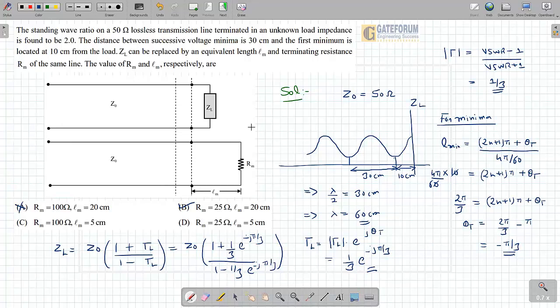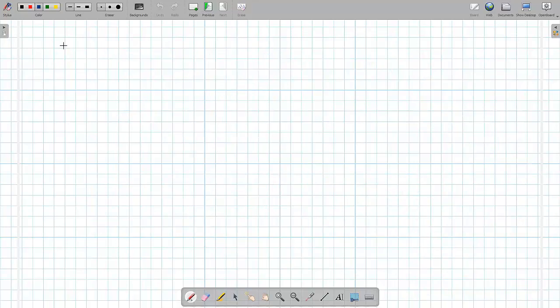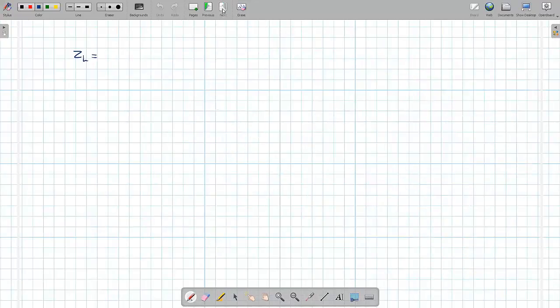R equal to 25 ohm and L equal to 20 centimeter. Take this. Z equal to, I'll omit Z0 because that will get cancelled with this. So here I am taking R equal to 25, L equal to 20 centimeter: 25 plus j50.